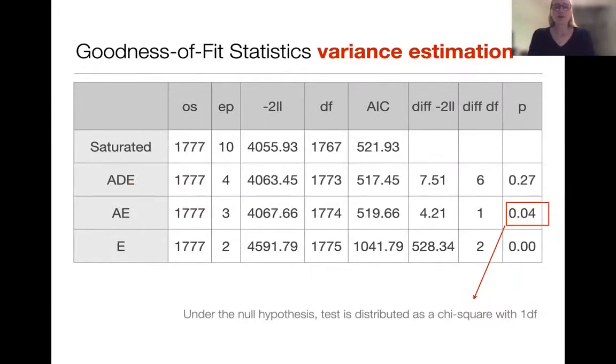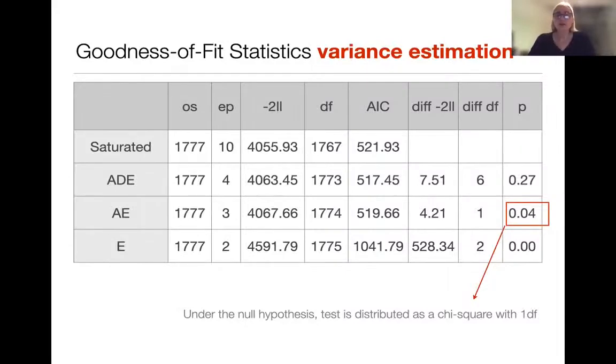You see that, first of all, when we compare the ADE model to the saturated model, we have a non-significant p-value. It means that this ADE model is a decent representation of the data. But once we drop the dominance component, we compare the AE to the ADE model, and we obtain a chi-square of 4.21, in the diff minus 2LL column, for 1 degree of freedom, because we've dropped just one parameter, the dominance component, and end up with a p-value of 0.04, significant in this case.